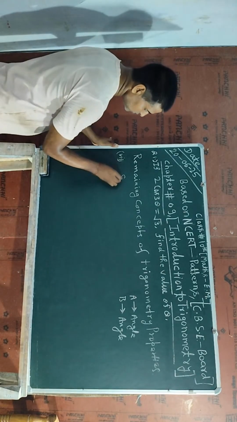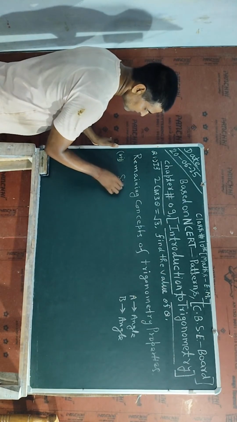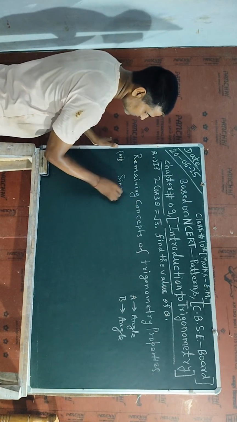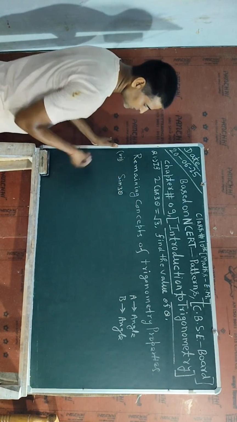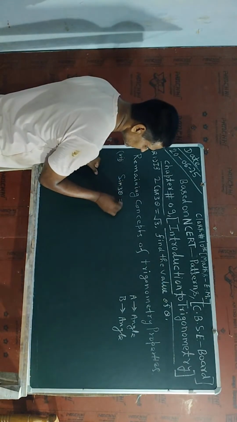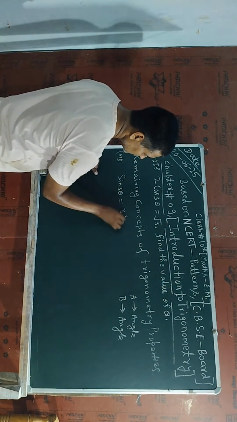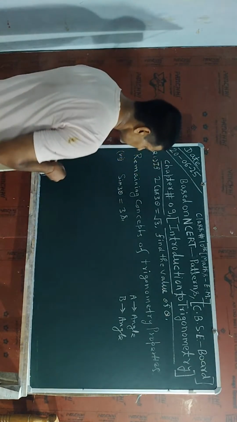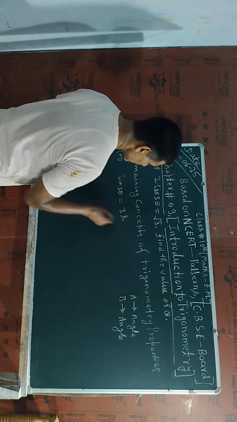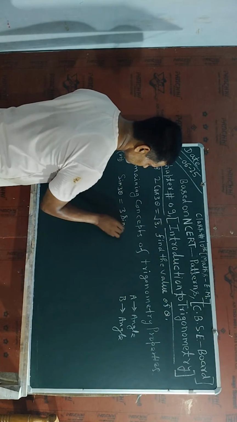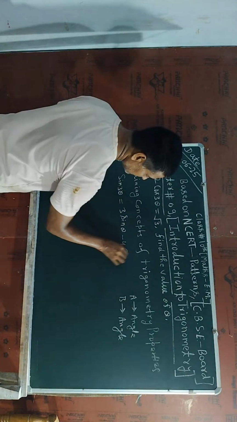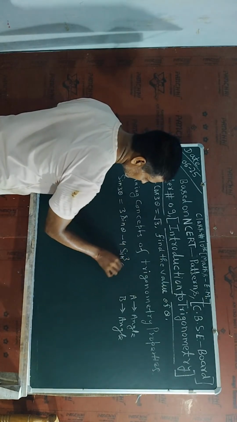So if the angle will be like this, sin 3 theta. In this case, sin 3 theta is equal to 3 sin theta minus 4 sin cube theta.